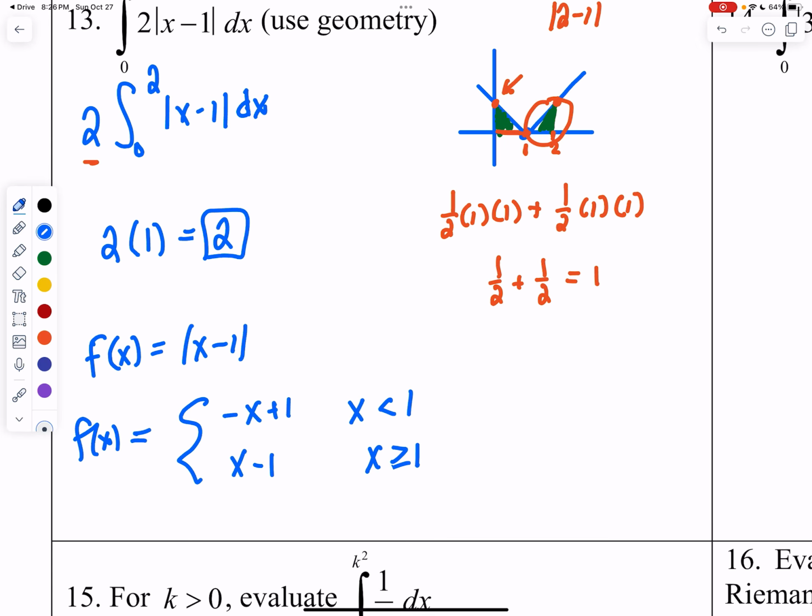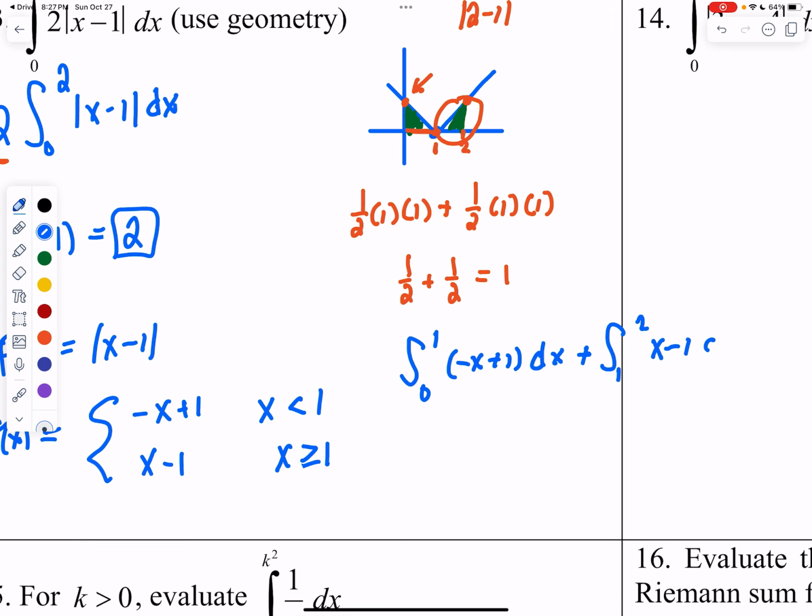Meaning that I can technically do an integral from 0 to 1 of negative x plus 1 dx, plus the integral from 1 to 2 of x minus 1 dx.